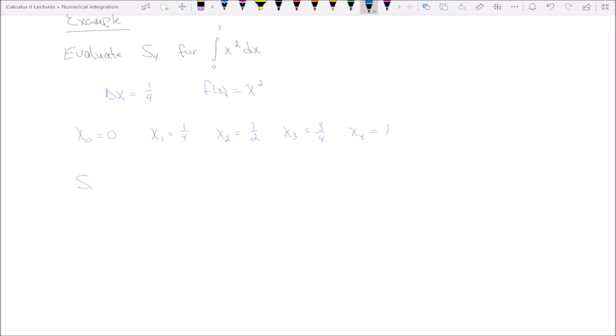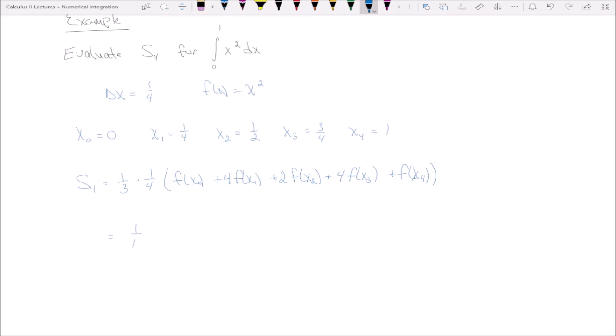So S4 will be 1/3 times delta x times f of x naught plus 4 times f of x1 plus 2 times f of x2 plus 4 times f of x3 plus f of x4.